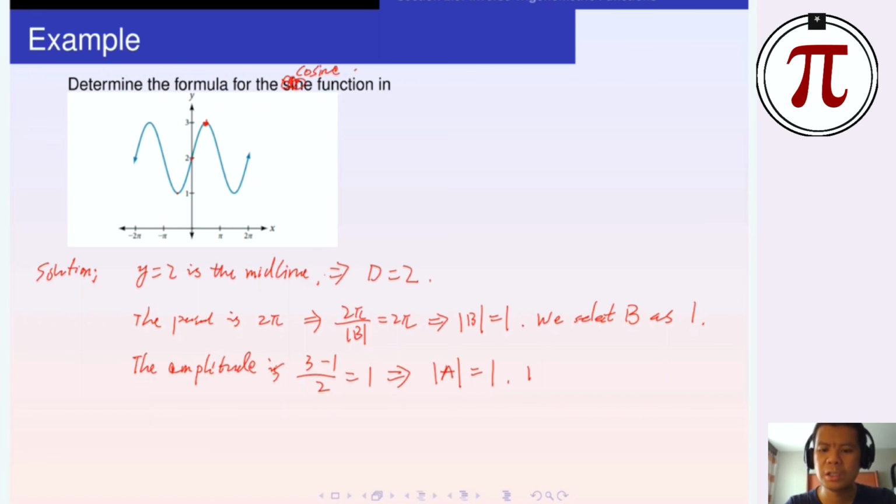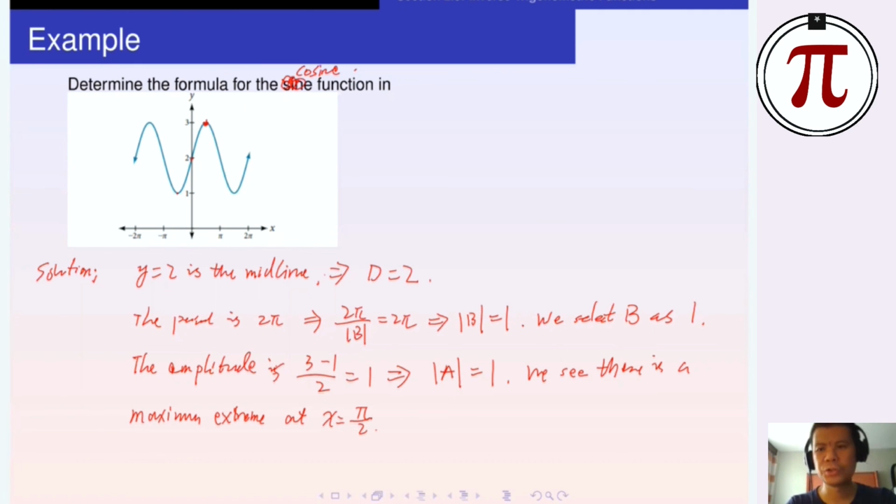So we see there is a maximum extreme value at x equals what? Pi over 2. Yes, at pi over 2.